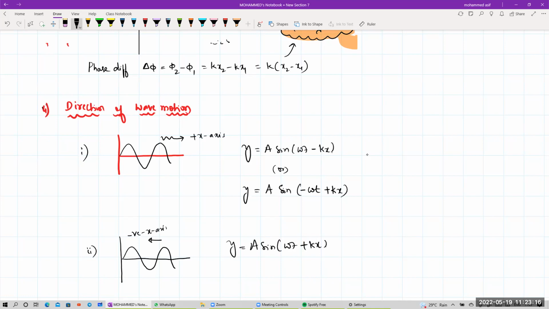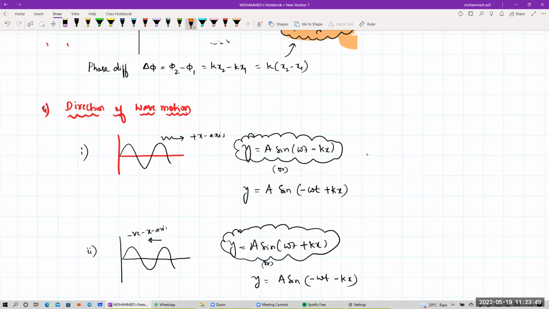Now if it is moving in the positive x direction, this can be written like this, or else I can even write like this: y is equal to a into sine of minus omega t minus k into x. Both are one and the same. So this is your wave equation moving in the positive x-axis, and this is the wave equation if it is moving in the negative x-axis.